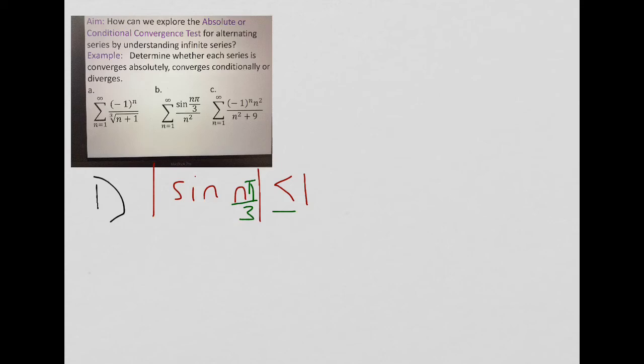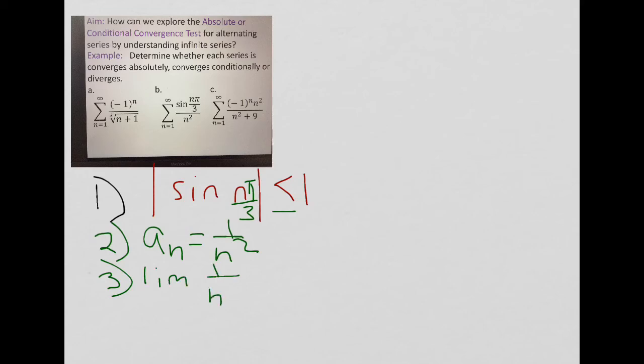So if this is an alternator, let's take a look at the rest of our expression. A sub n would be 1 over n squared. And if we take the limit of that as n approaches infinity, it does equal 0.